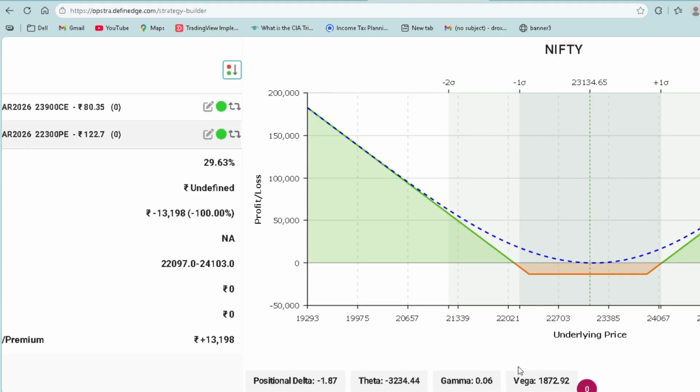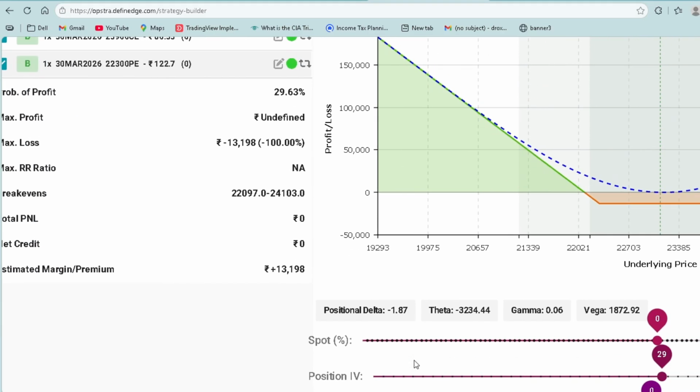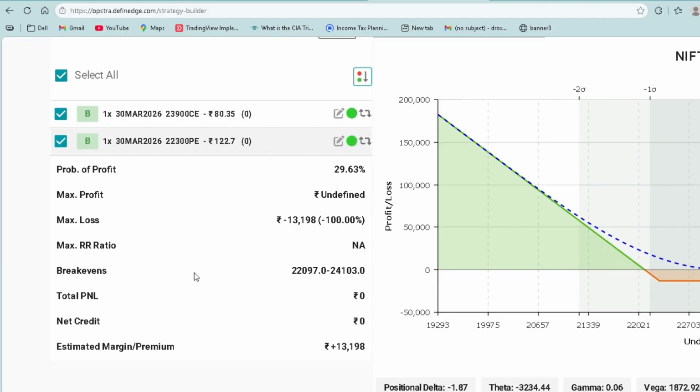So when to use this strategy? Use this long strangle when volatility is low before a big event, when you expect market to break out and when trend is uncertain.